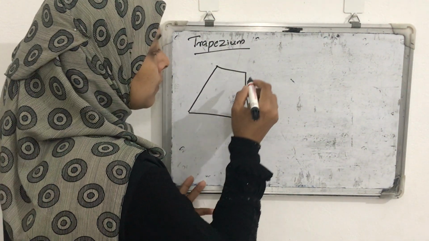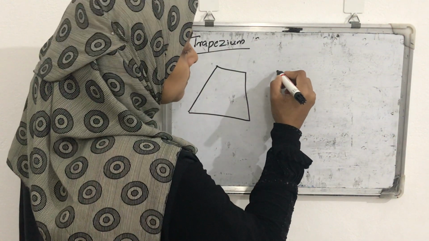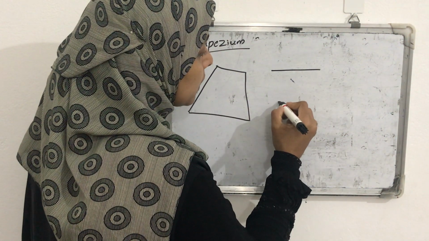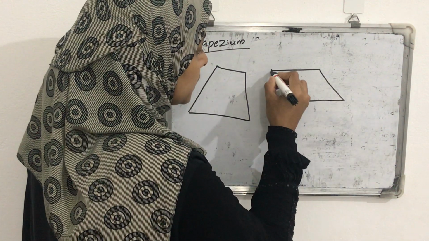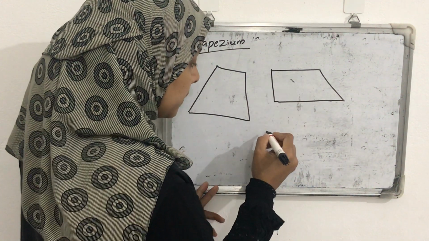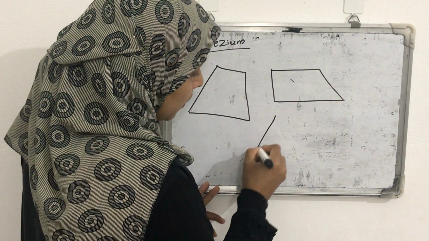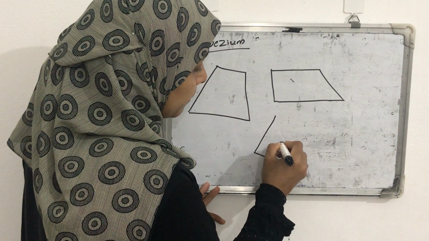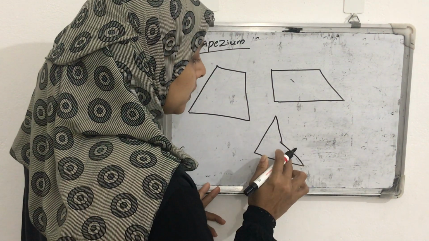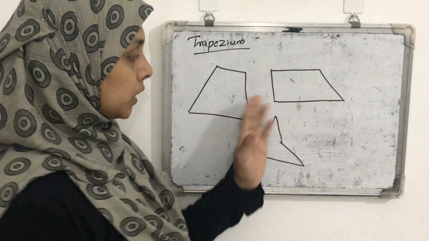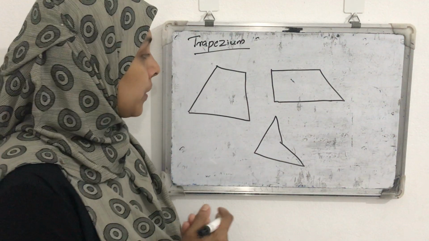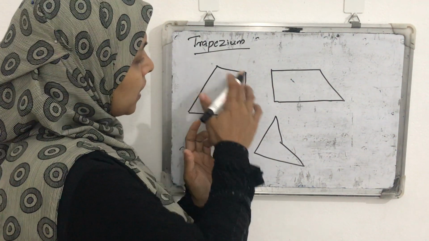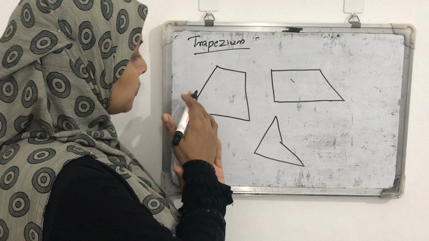So this is one quadrilateral, another quadrilateral is this, and one more quadrilateral is this.